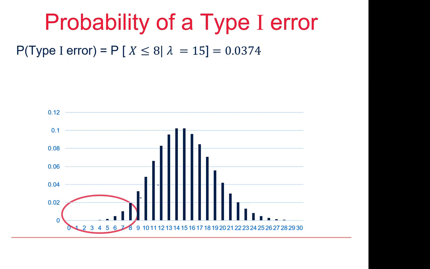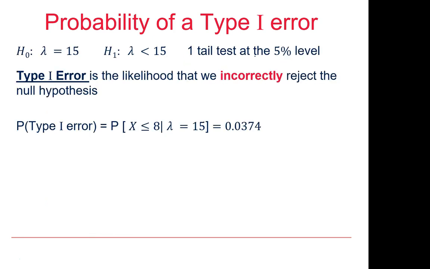So our critical values, the outcomes for x that are so unlikely that we're going to reject the null hypothesis, are the values 0 to 8. For a type 1 error, we need to work out the exact probability that our outcome is less than or equal to 8, given that our null hypothesis is in fact true. That's what we used to find that region in the first place, and it's 0.0374.